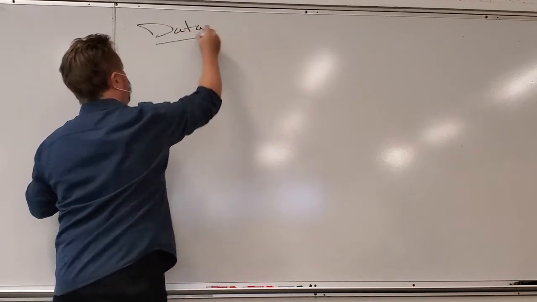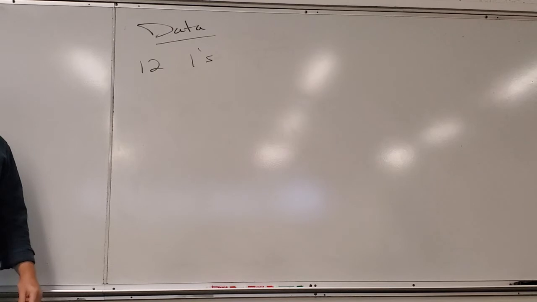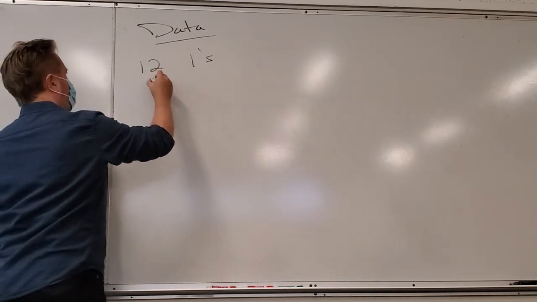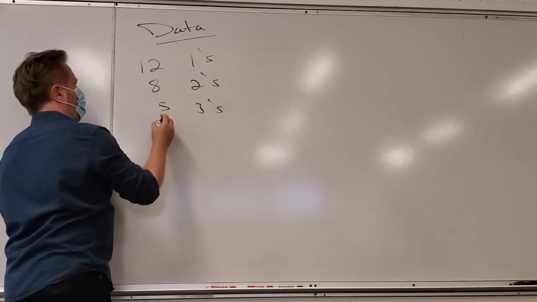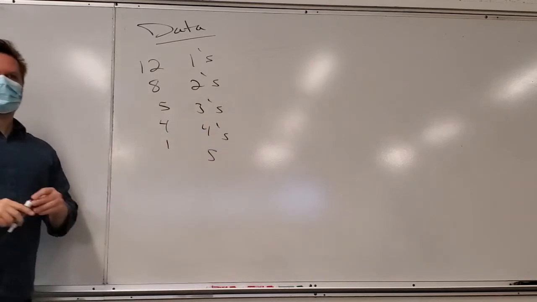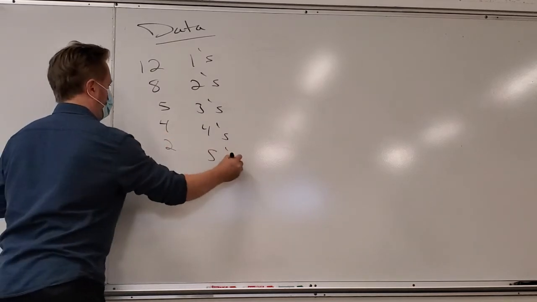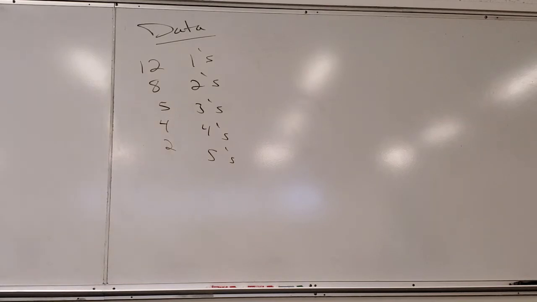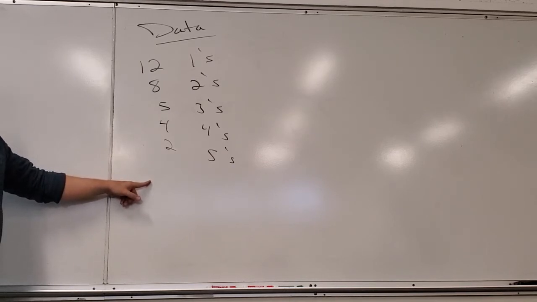Let's say that I have 12 ones, and I have 8 twos, and I have 5 threes, and I have 4 fours, and I have 2 fives. How many data points do I have? 31.